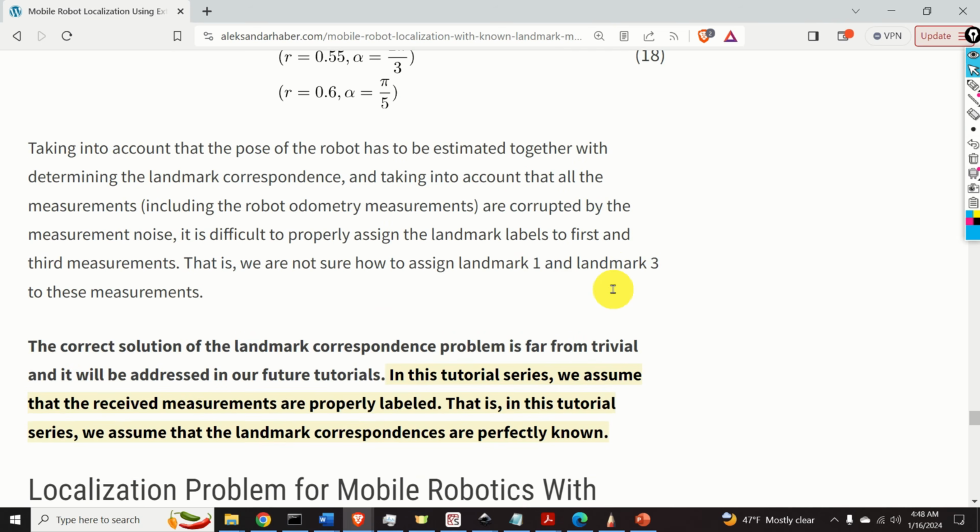The correct solution of the landmark correspondence problem is far from trivial, and it will be addressed in our future tutorials. In this tutorial series, we assume that the received measurements are properly labeled. That is, in this tutorial series, we assume that the landmark correspondences are perfectly known. So keep in mind that.